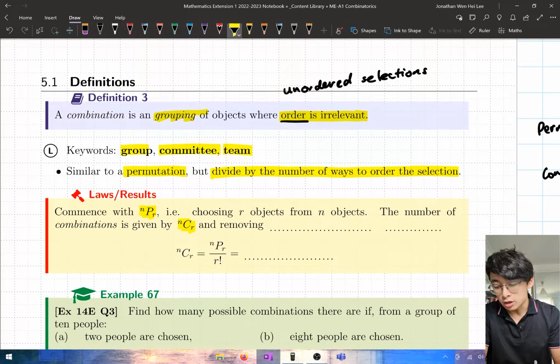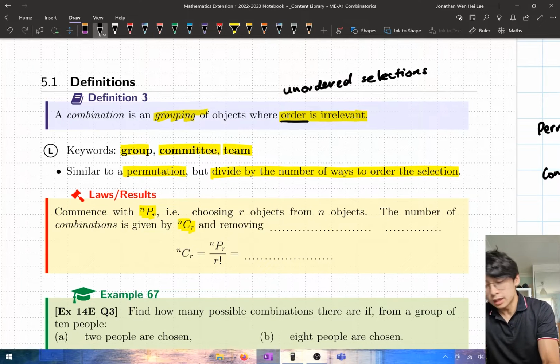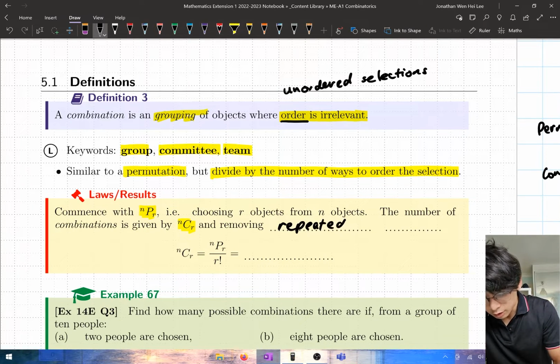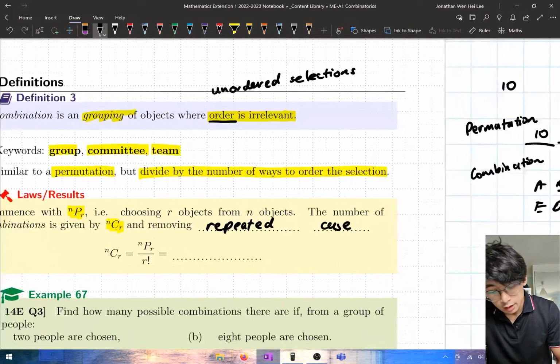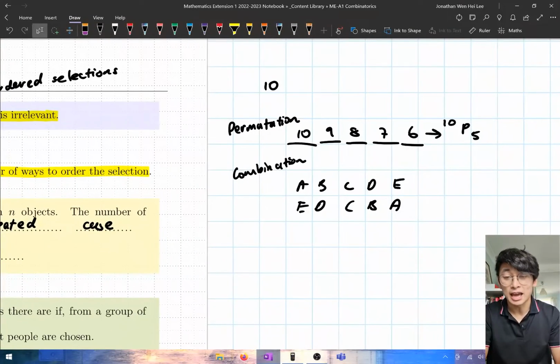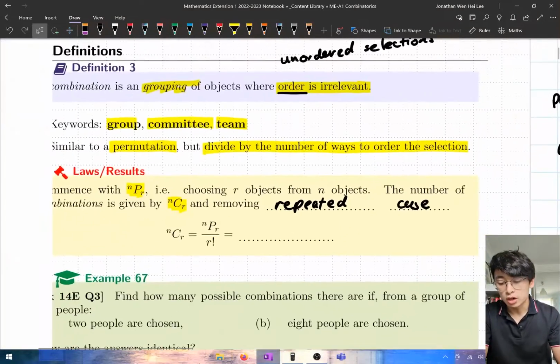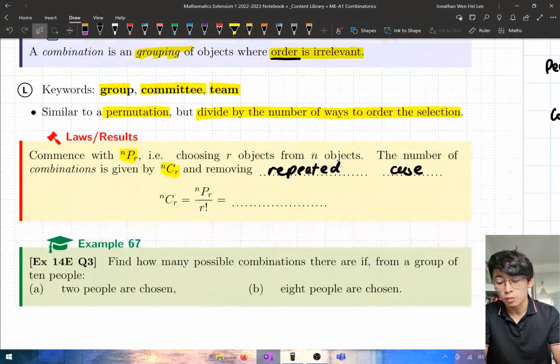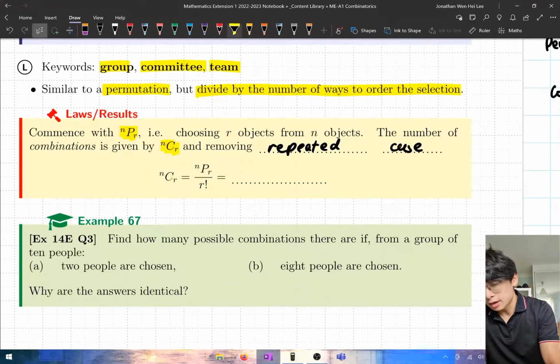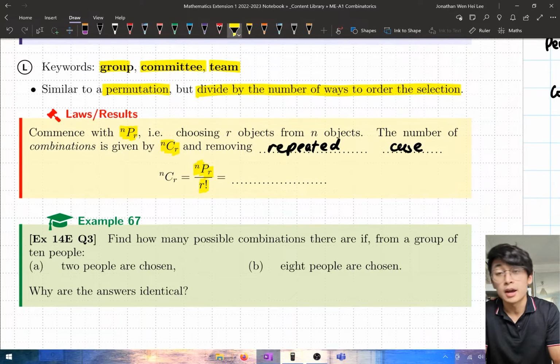The number of combinations is given by removing the repeated cases. Just like I said earlier, A, B, C, D, E and E, D, C, B, A is just a repeated case of that exact same thing. And so when we try to find n choose r, the formula that we use is nPr divided by r factorial.